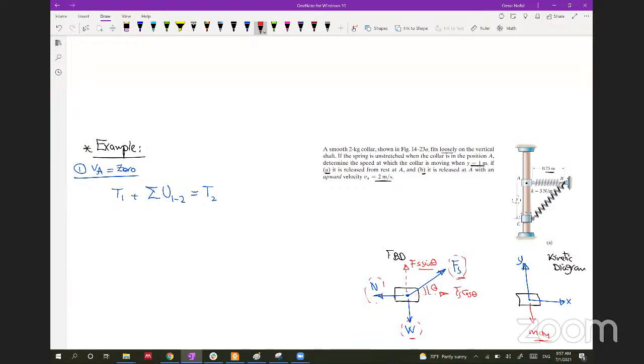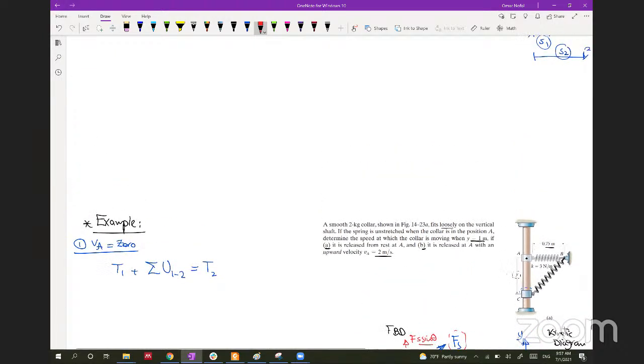I can see that Fs is the one exerting work, but based on the conservation of energy, as we talked about last time, the spring doesn't depend on the path. We are thinking about the energy of the whole system, so when we talk about the spring, we consider that the whole spring is exerting the energy.